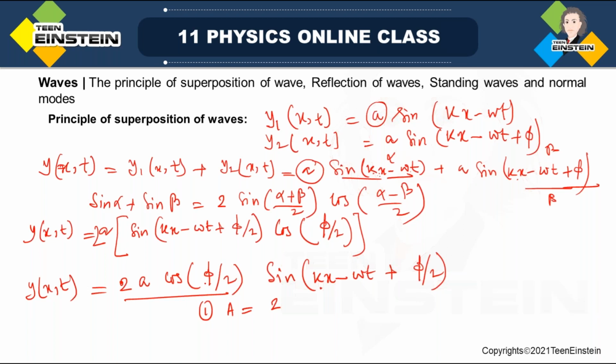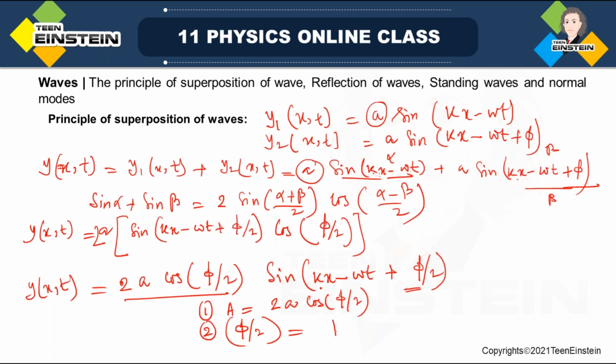So this is not a function of time, so it is not propagating. This is a constant term. So the amplitude is 2a cos of phi by 2. This is actually the new amplitude for the resultant wave or resultant displacement. And upon overlapping, the resultant wave is out of phase by phi by 2, not phi.